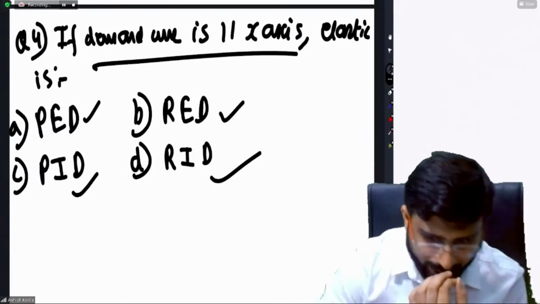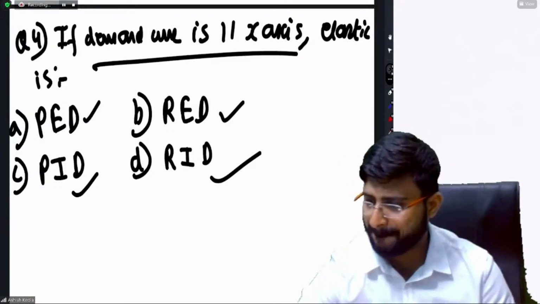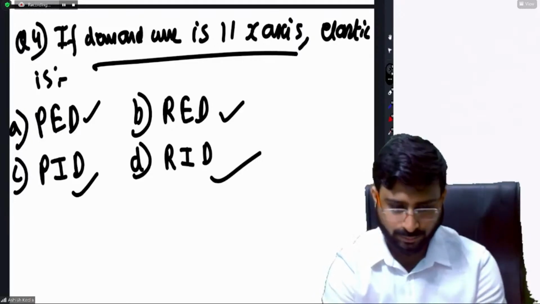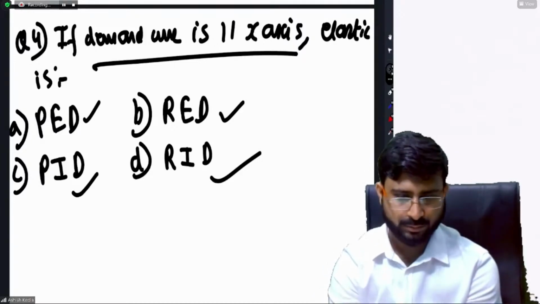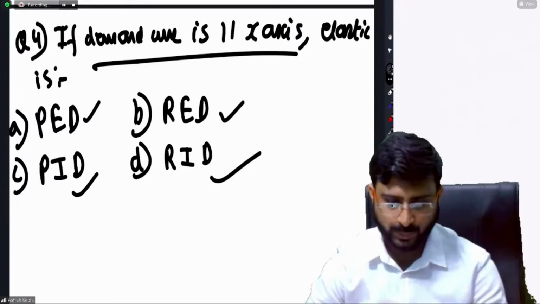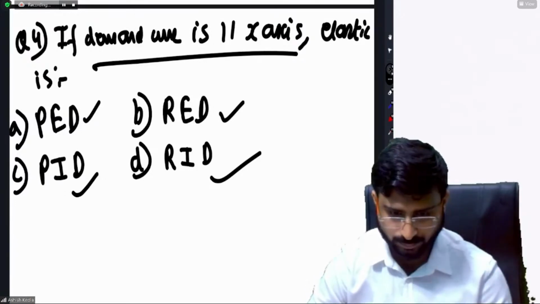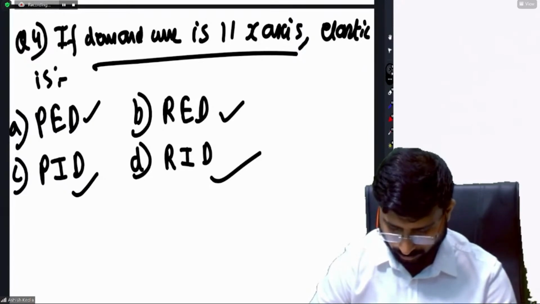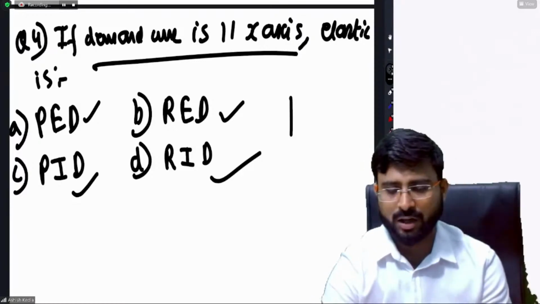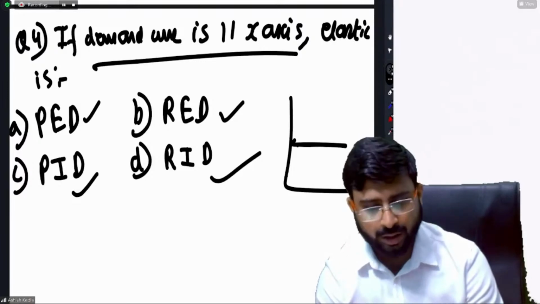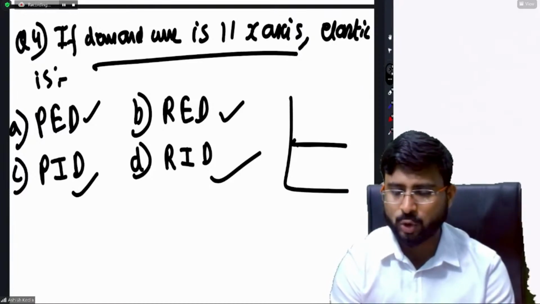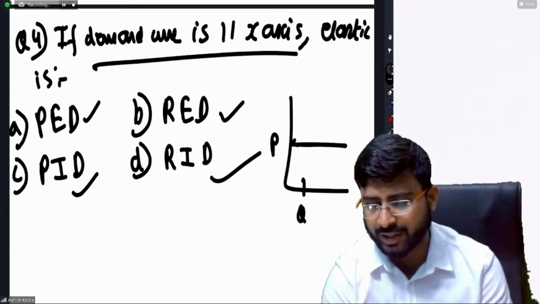See, if it is parallel to x-axis, price is constant, quantity is changing.